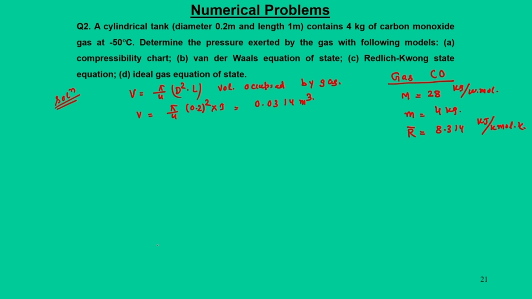So, first, we have to use the compressibility chart. To do that we need to find Z, and to do that we require PC and TC, and that PC value from the data table for CO is noted as 35 bar. TC is equal to 133 Kelvin.